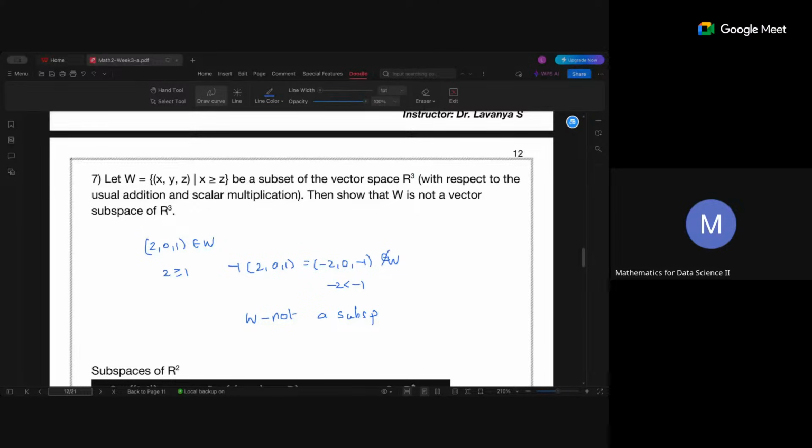What's your question, Kamalesh? Actually, not related to this question, but while solving questions based on vector spaces like R2, while multiplying by the scalar quantity, won't that become a positive number? Like we always get a positive vector or something. Nothing like that.